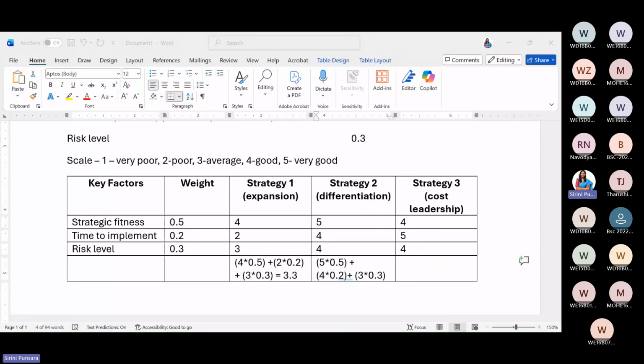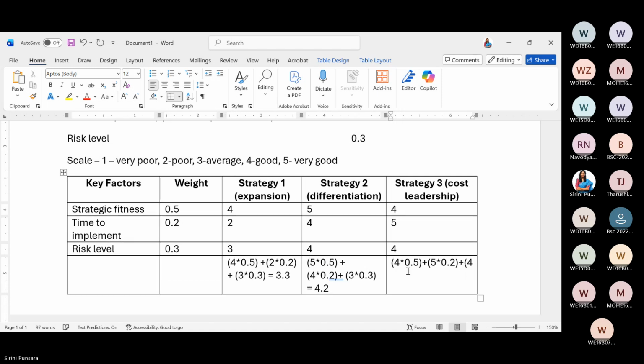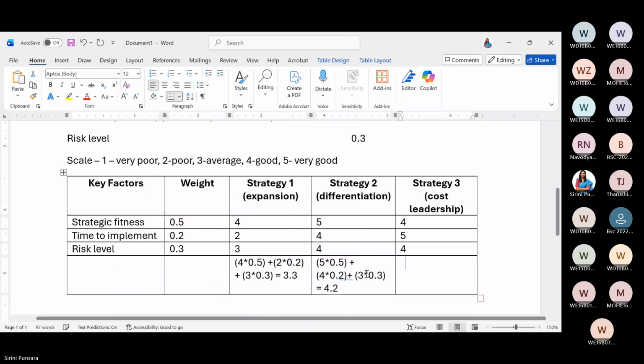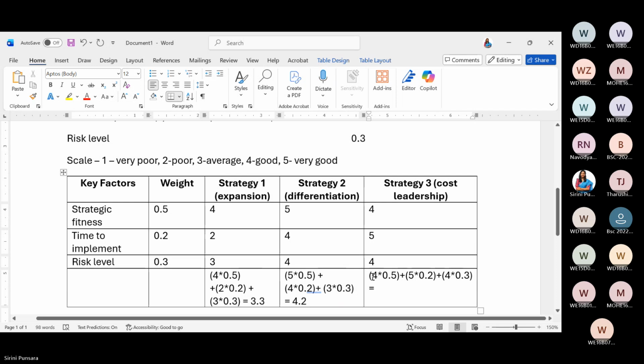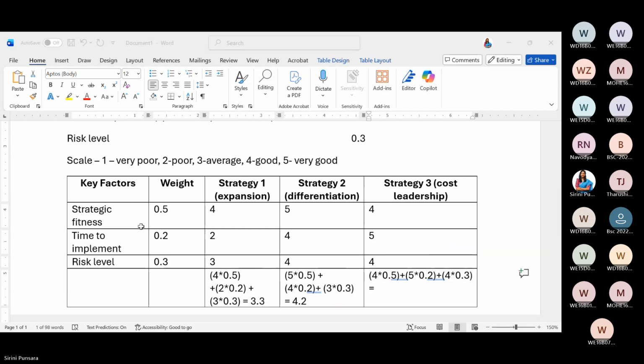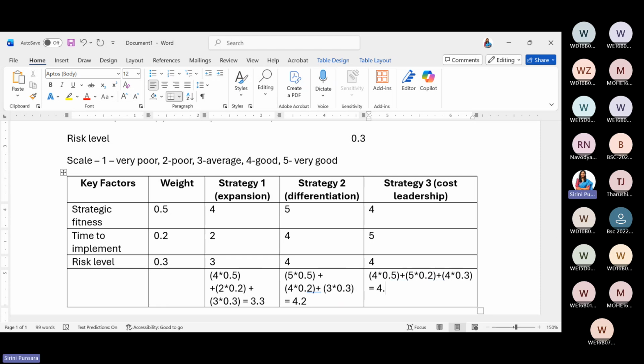So it is 4.2. So we are getting two similar values.